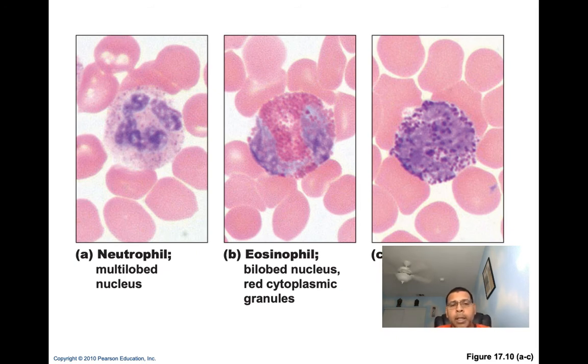Their nuclei are multi-lobed, anywhere from 3 to 6 lobes. Also known as polymorphonuclear cells because of the nuclear variability.